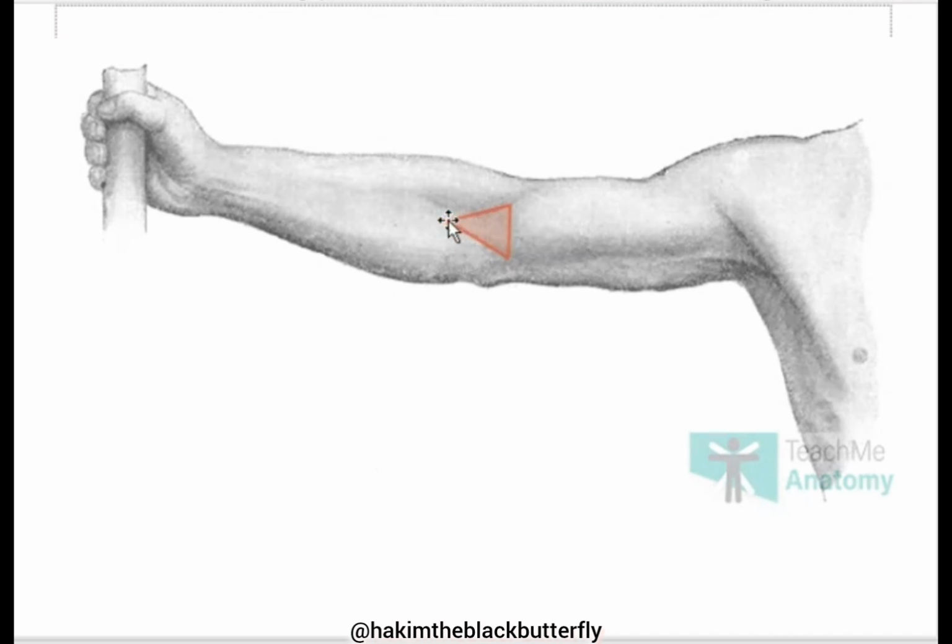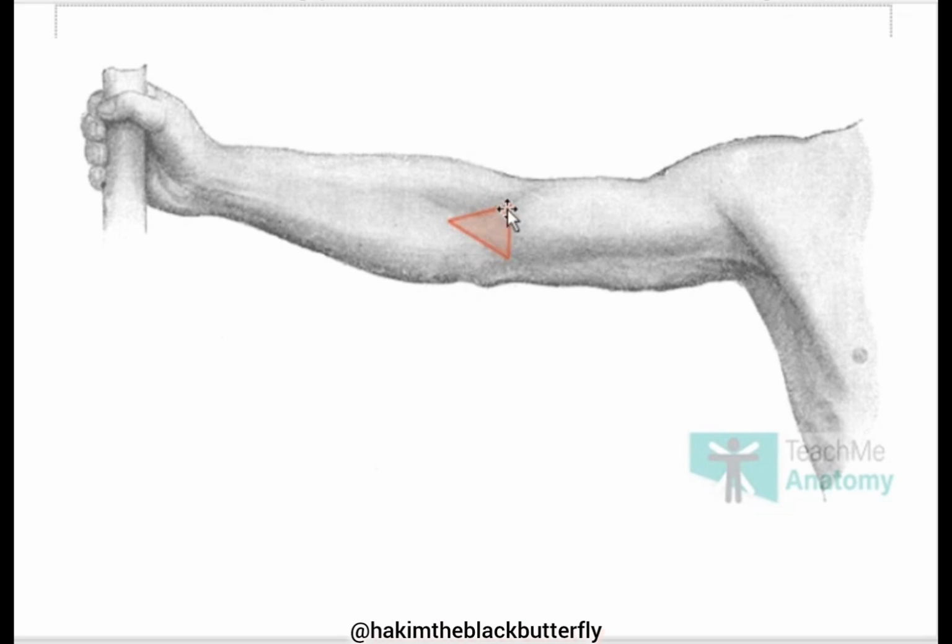So, on a positive note, those blood vessels can be accessed easily for clinical procedures, but on a negative note, because they are only covered by skin and superficial fascia, they can easily be injured.